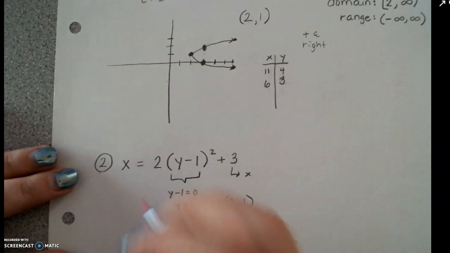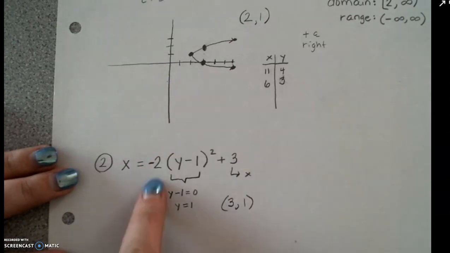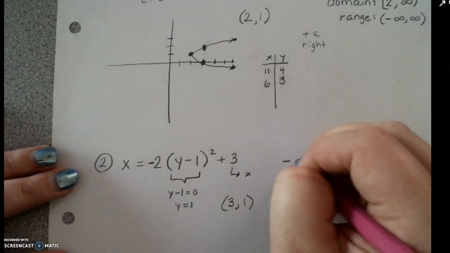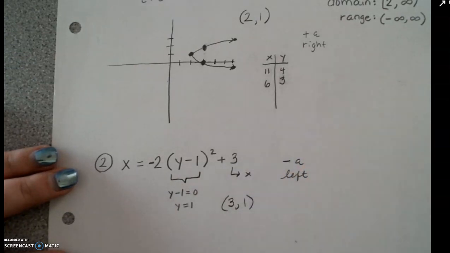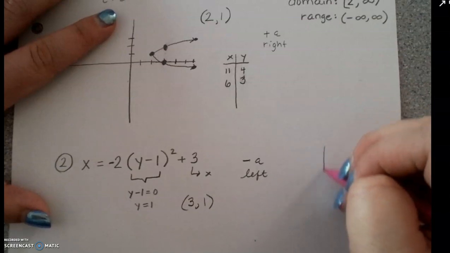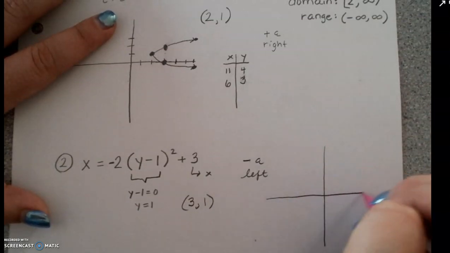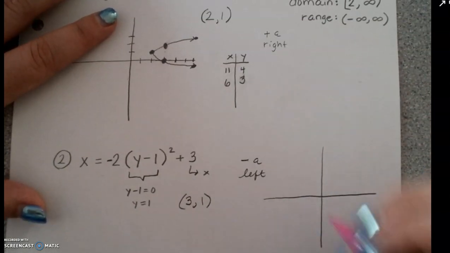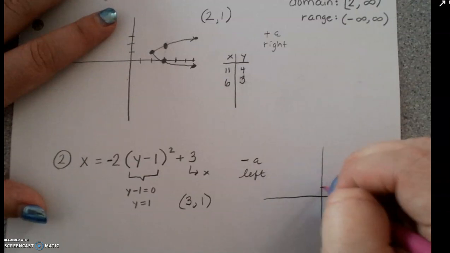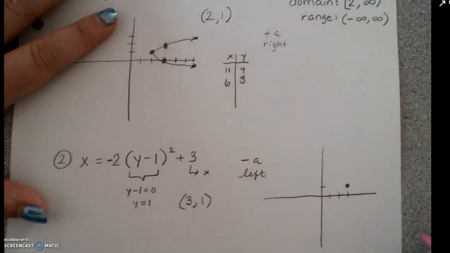My a is positive. Let's make it negative just for the sake of notes. My a is negative, so this is going to open to the left. So if I go to graph this, I'm going to put a point at 3, 1. Again, x, y.